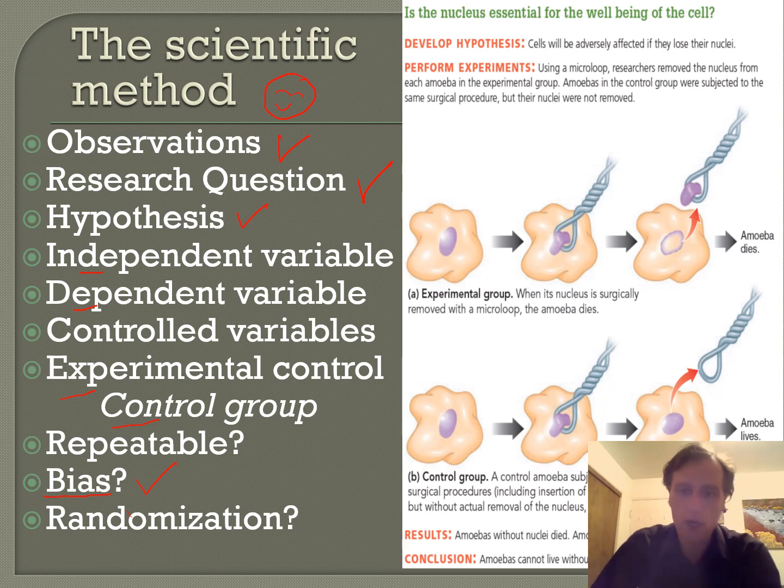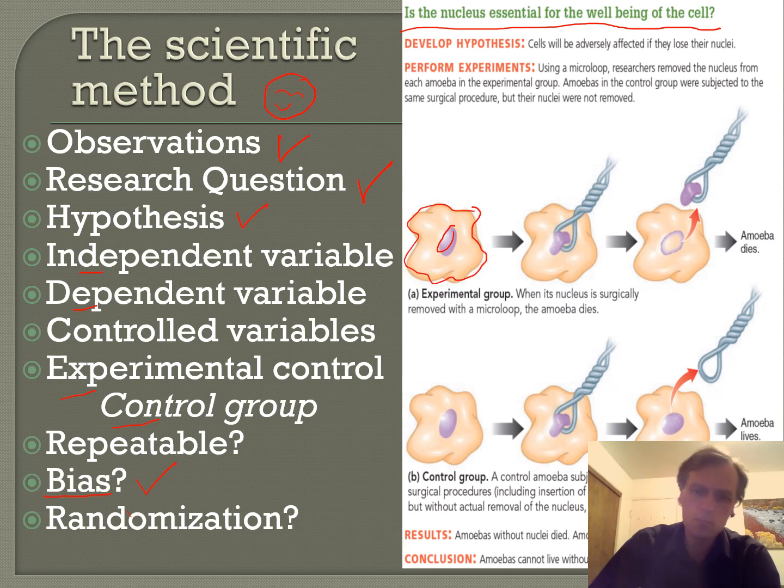All right then, let's take a look at our first example, and let me direct your attention right up here. This is where we have our research question: is the nucleus essential for the well-being of the cell? Here's the nucleus, and this is the cell.